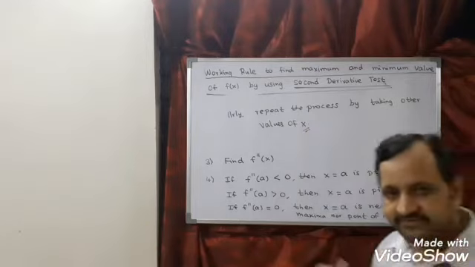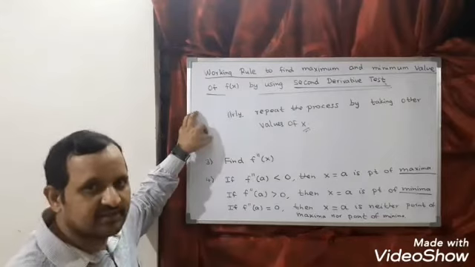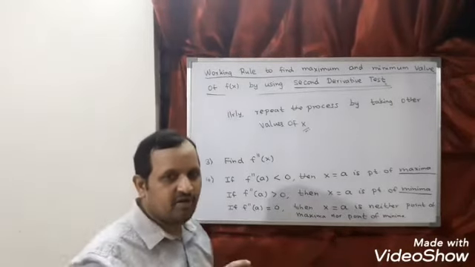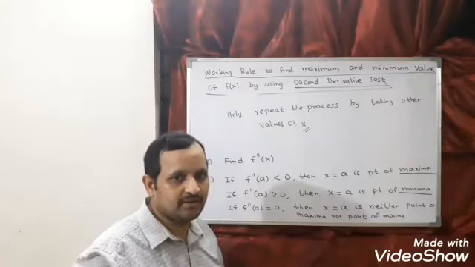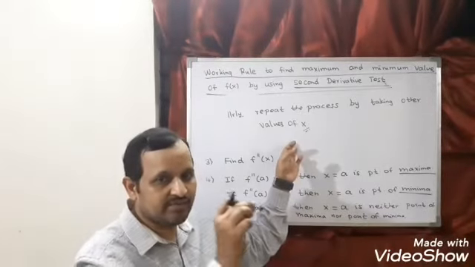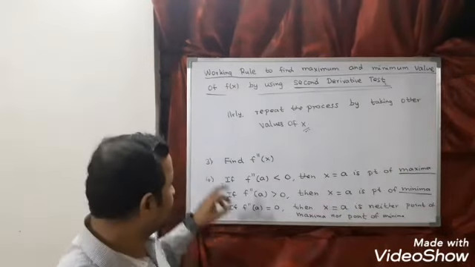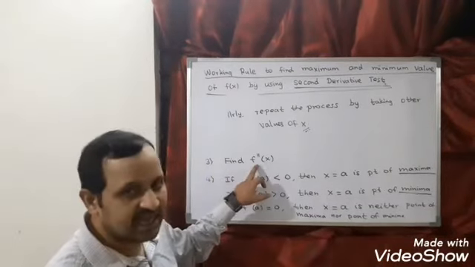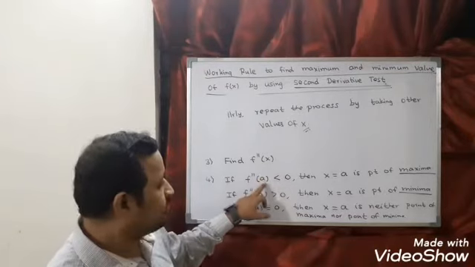So second derivative test is very simple. First step is find f dash x. Second step is for extremum, or you can say local max or local min, put f dash x equal to 0. The moment you put f dash x equal to 0, you will get some values of x, say a, b, c and so on. Third step is find f double dash x. Fourth step is put x is equal to a.